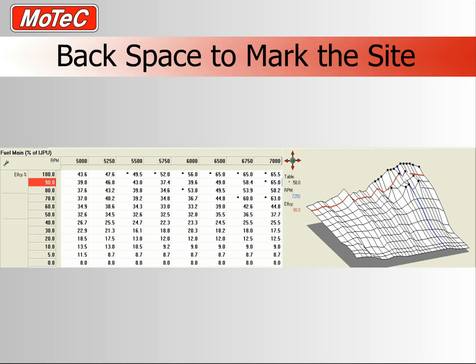What that looks like, if we go through all our data points, you can see here we got an asterisk. And when we look on our fuel 3D graph, we can see that all the data points that we recorded have been changed. Now we can see some haven't been changed. We didn't get any data points down here.